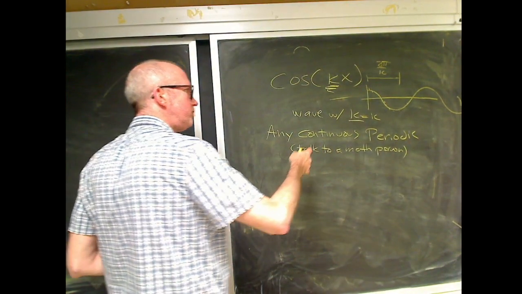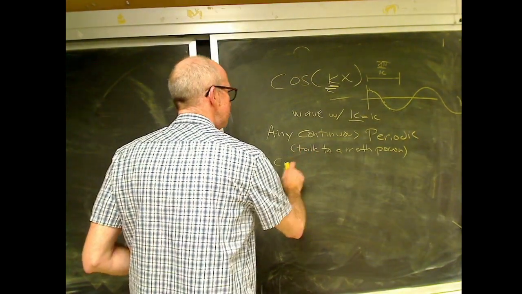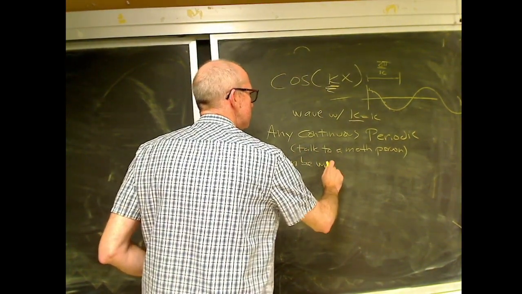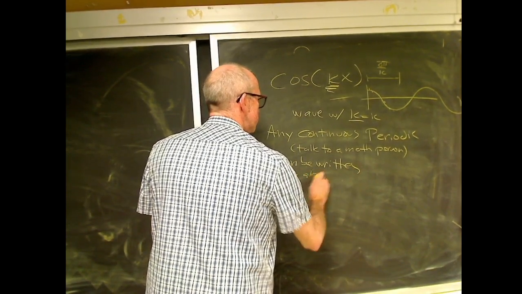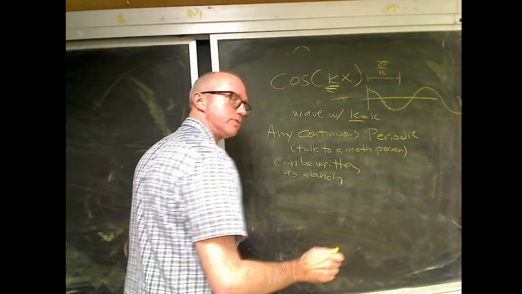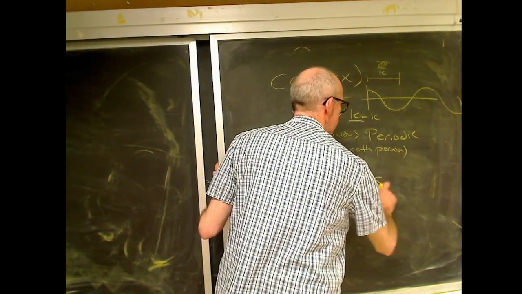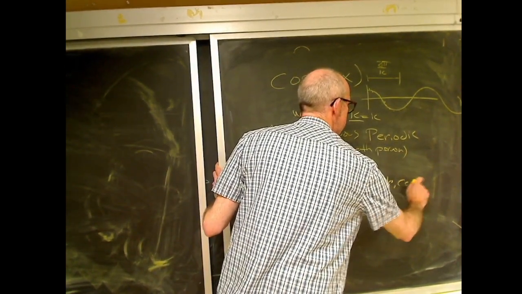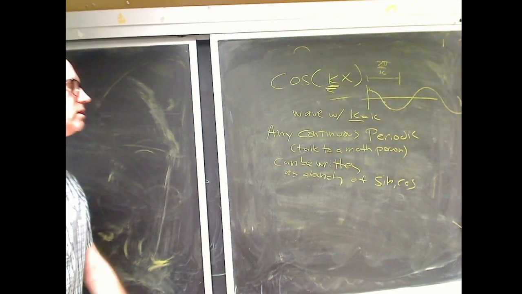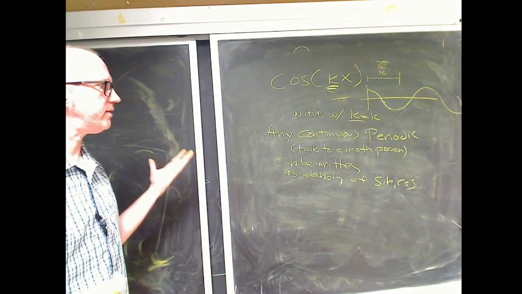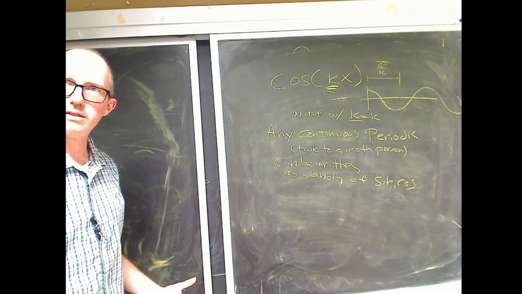Any continuous periodic function can be written as a bunch, technical term there, of sine and cosine. Any continuous function that's periodic can be written as a bunch of sines and cosines.